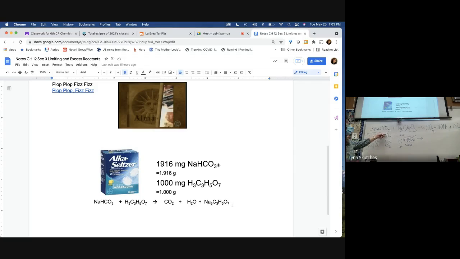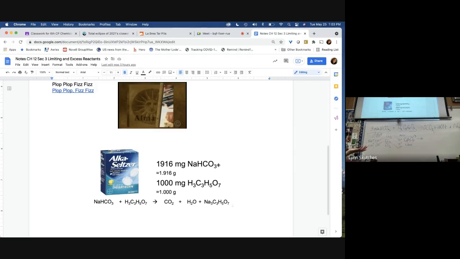Okay, so right now I know I've got 3 CO2s. So I should put a 3 here. Yes? Yes. Okay. And hydrogen goes with hydroxide, hydrogen goes with hydroxide, hydrogen goes with hydroxide.